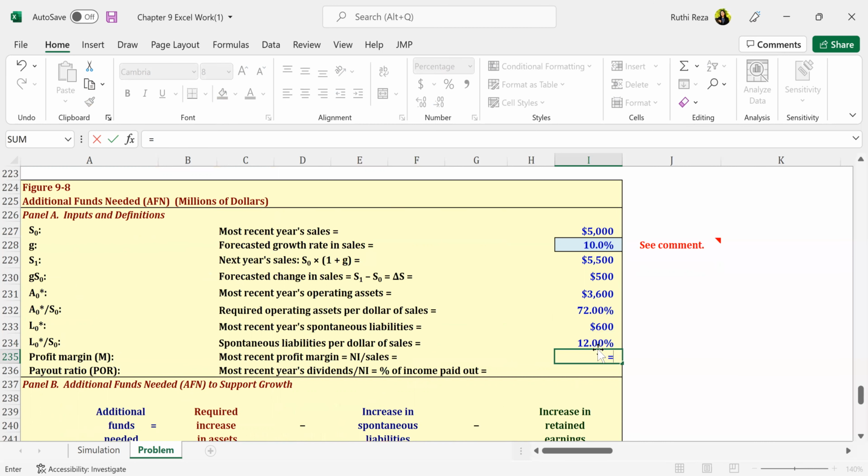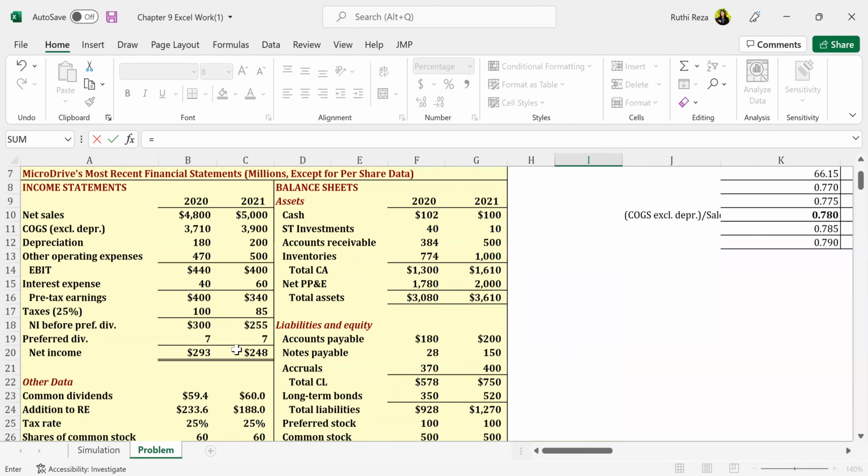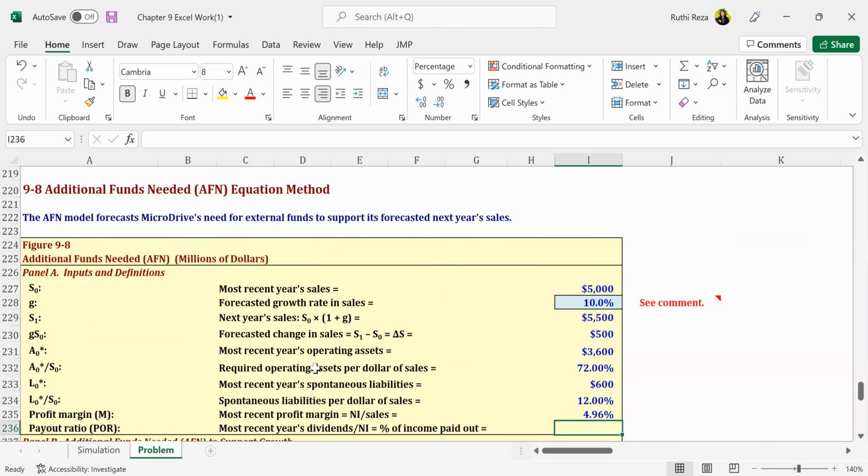And then net profit margin here. So your net profit margin, net income over sales.